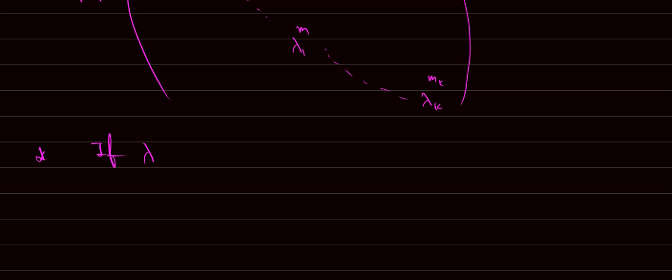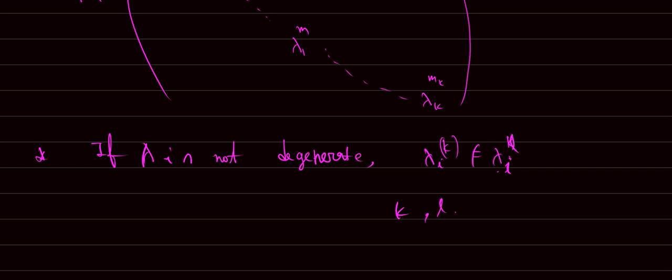So the above case was for degeneracy, but if lambda is not degenerate, then within any subspace lambda I's eigenvalues will not be equal. So for any k, we will find a unique vector.